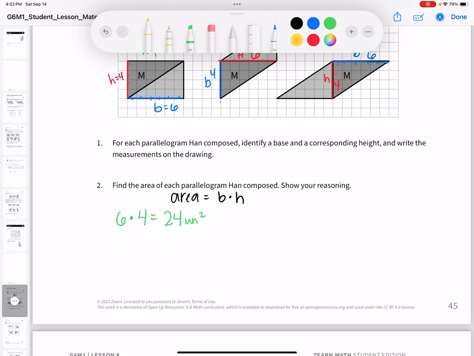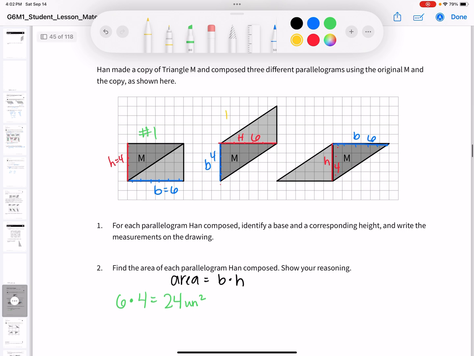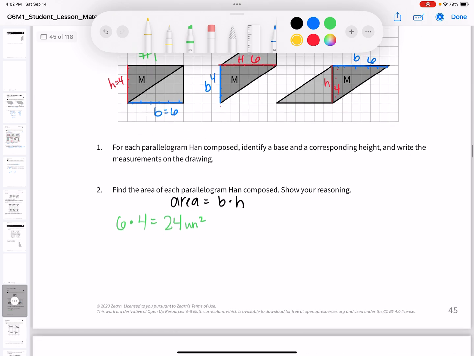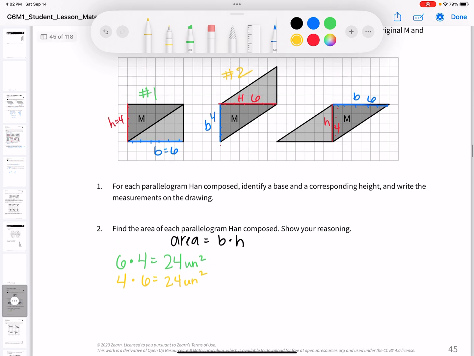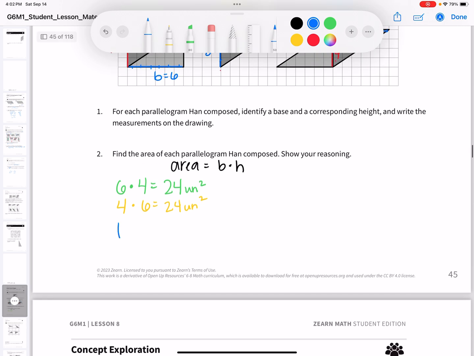Now I'm going to do number 2. The base is 4, the height is 6, so 4 times 6 is 24 units squared. Okay, now number 3. The base is 6 and the height is 4, so 6 times 4 is 24 units squared.